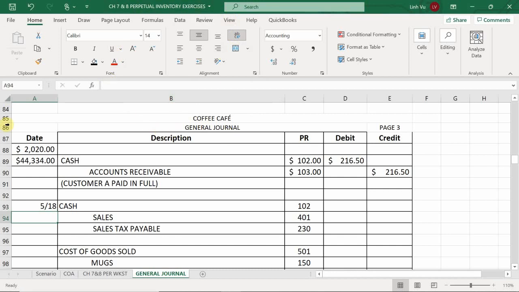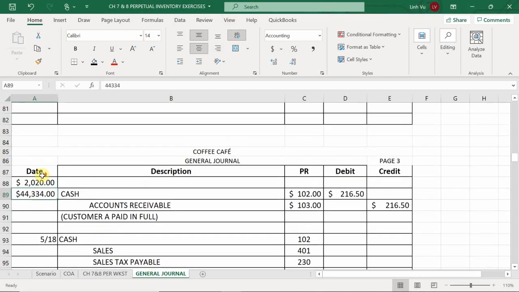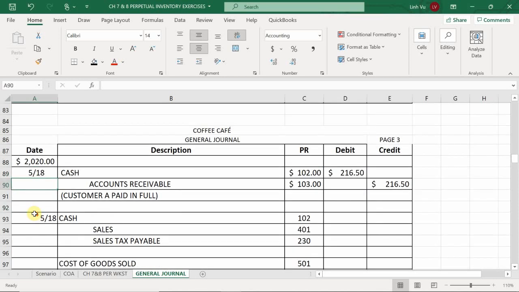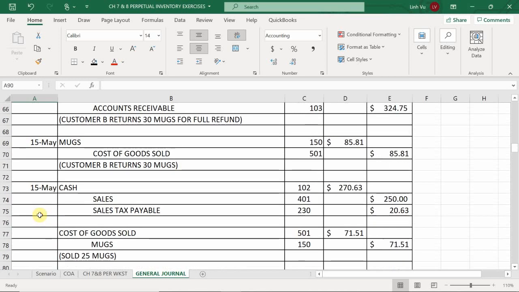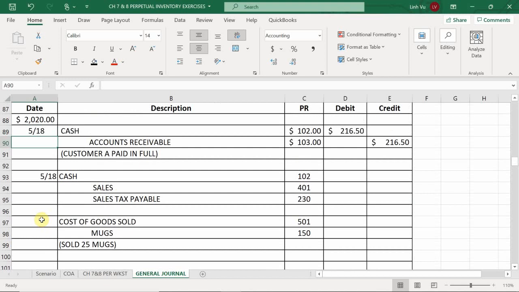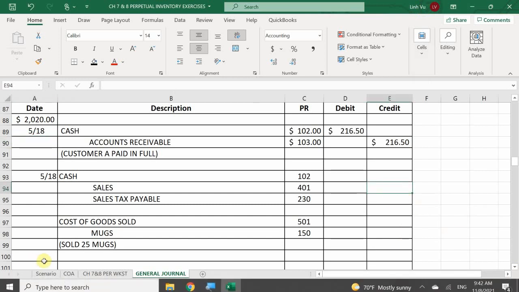I don't know what I put here. I don't know why there's 2020 here. Okay, this should be 5/18. Okay. All right, so let me see. Okay, so here, if we sold 50, did we sell 50, right?